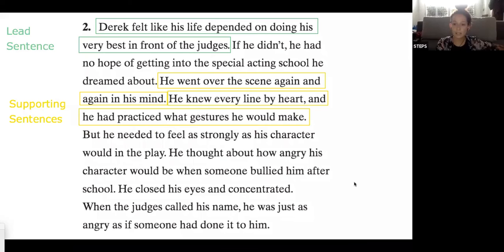Who else sees a supporting sentence? Do you see any supporting sentences?